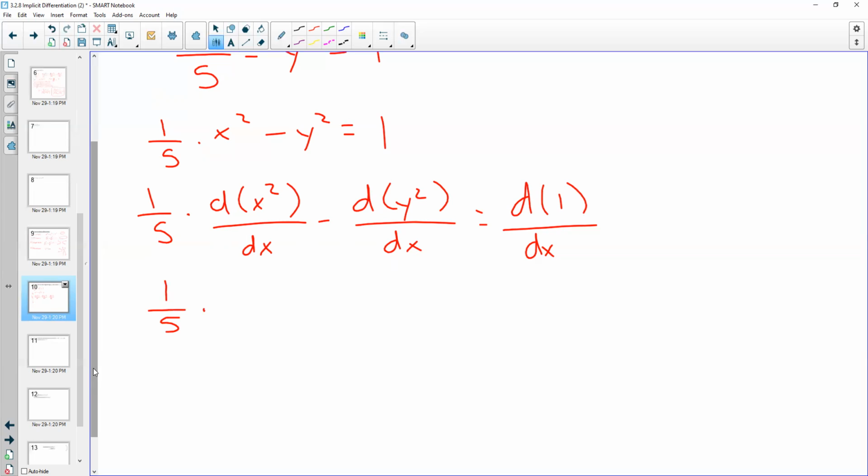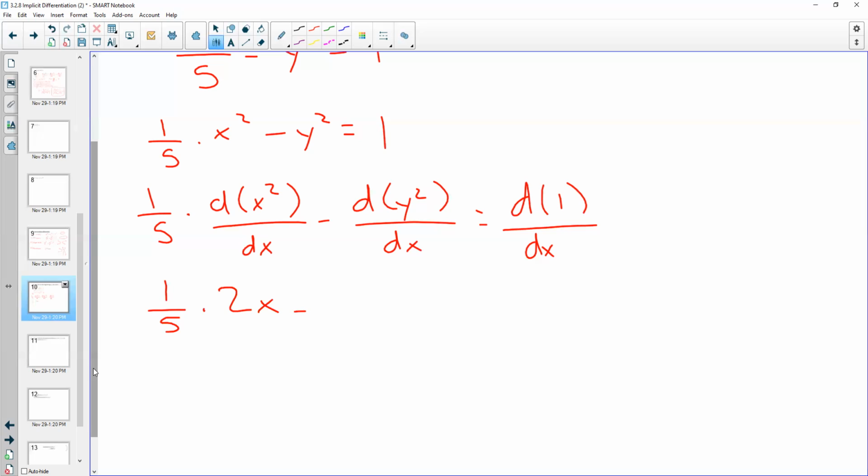So the derivative of x squared would be 2x. And remember, when we differentiate x, we do not have to put in dx over dx because it will just cancel out. However, when we're differentiating y, we do have to make note that we did that.